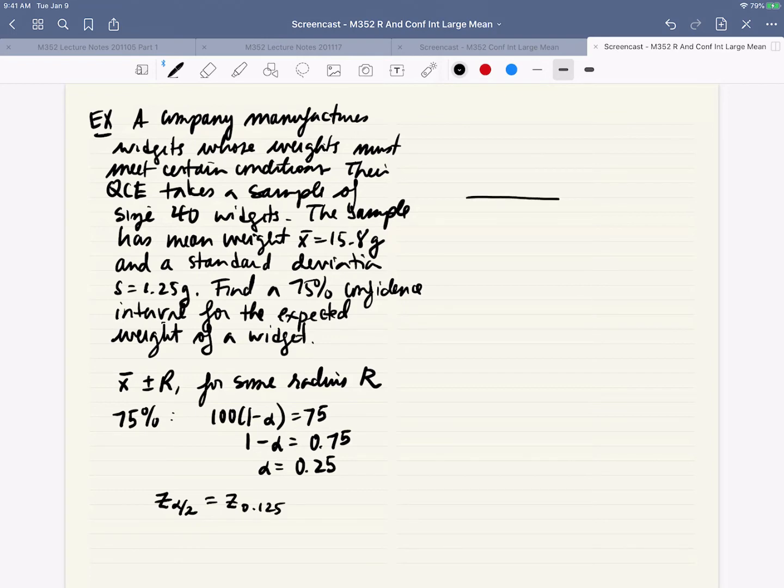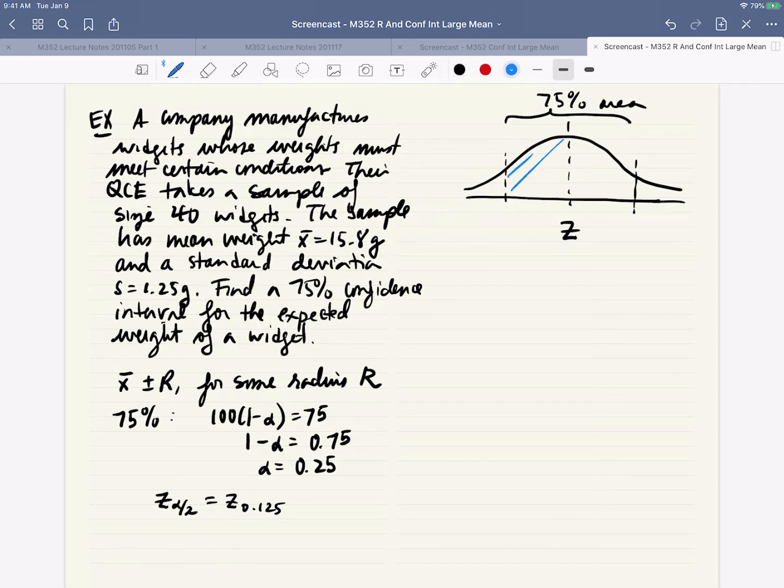Just to remind you what's happening here is that since we're finding a 75% confidence interval, consider the normal distribution, the standard normal distribution, so it's got mean at 0. What we're trying to do is find the region centered at 0 that contains 75% of the area under the curve.